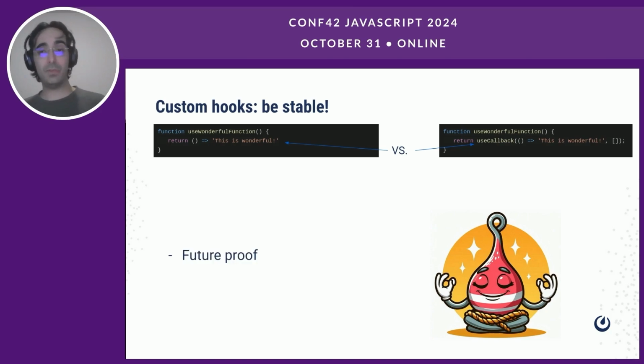To be future-proof, so we are as stable as possible. Whenever someone uses us, they don't have to know if the hook is stable or not, and it's more intuitive, because hooks are supposed to be stable. You expect that if you give the same arguments, you receive the same value. That makes life easier for everyone.